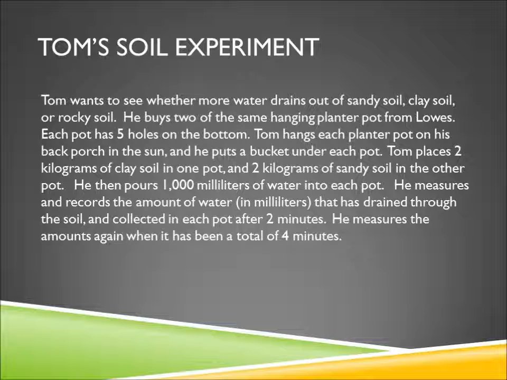He measures and records the amount of water in milliliters that has drained through the soil and collected in each pot after 2 minutes. He measures the amounts again when it's been a total of 4 minutes. So the graph you will be seeing will only be for the 2 minute thing. It won't be for the full 4 minutes. It'll only be for 2.